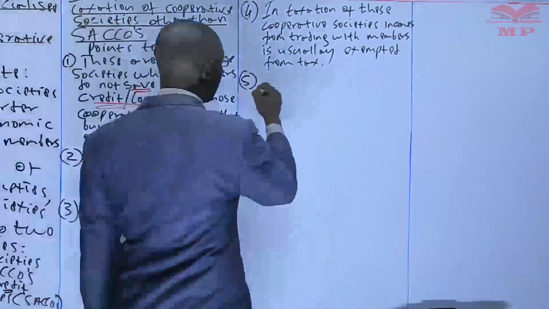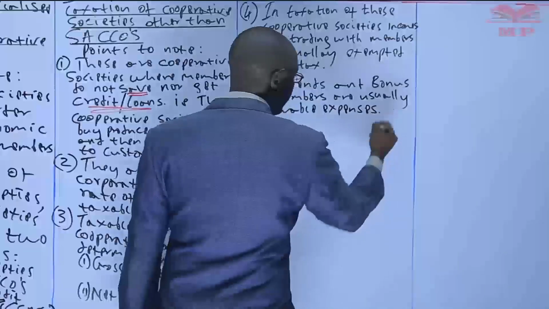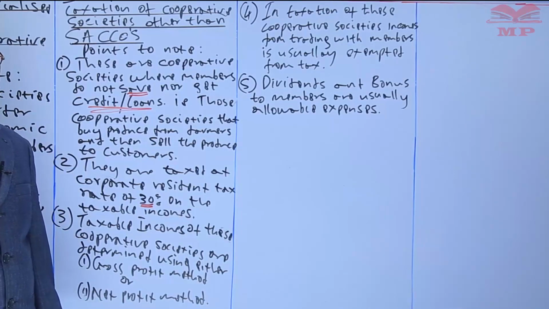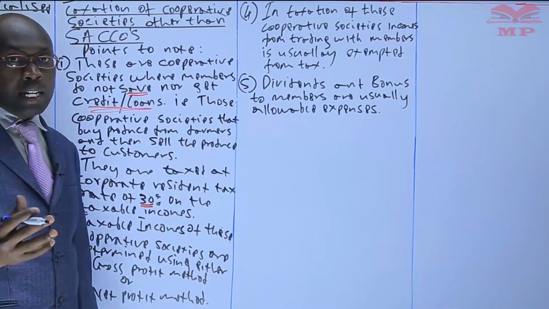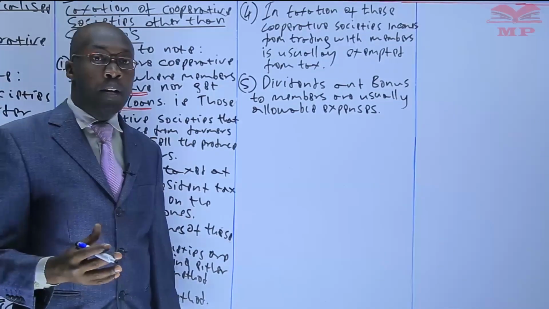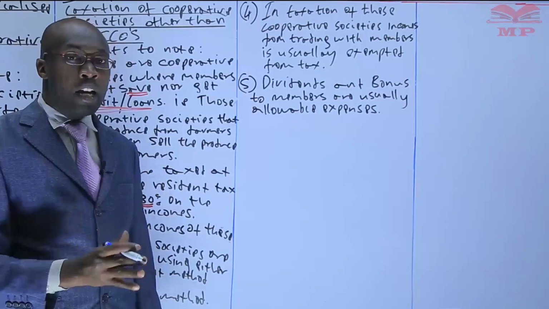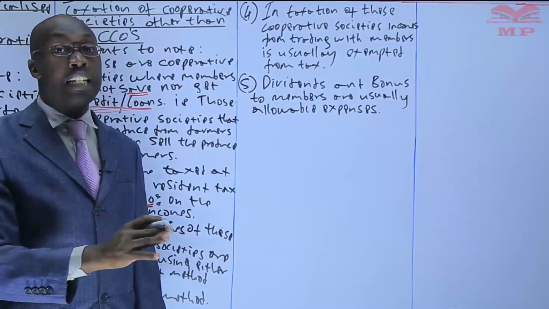Point number five. Another point we are noting is that the dividends and bonuses to members are usually an allowable expense. This is contrary to what we said about the taxation of the limited company, because when you look at additional and allowable expenses for a limited company, we said any form of dividend is not allowable.